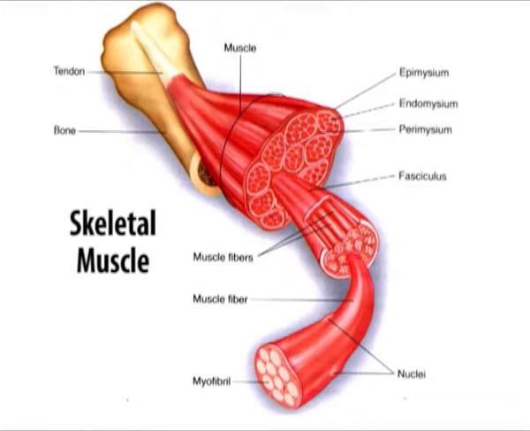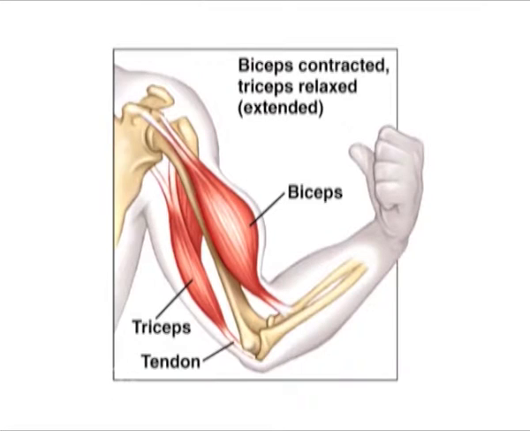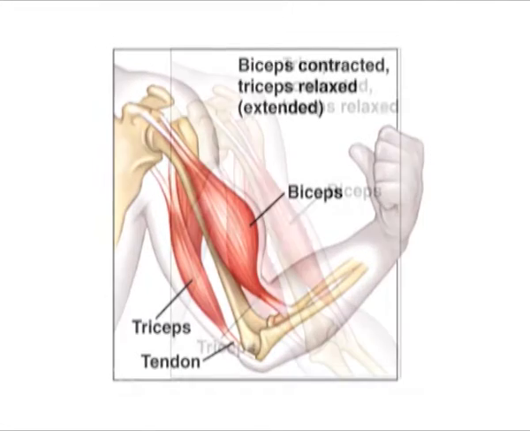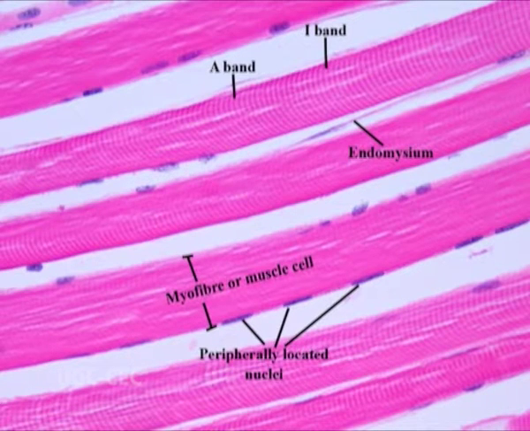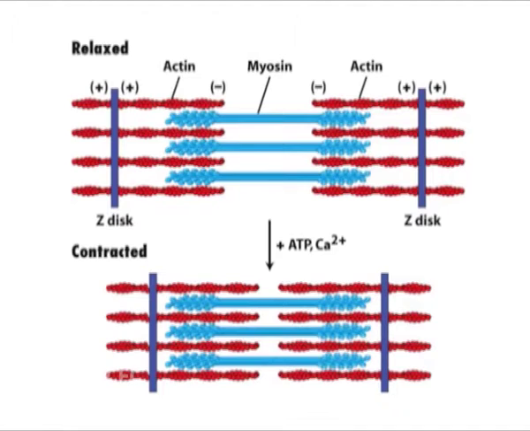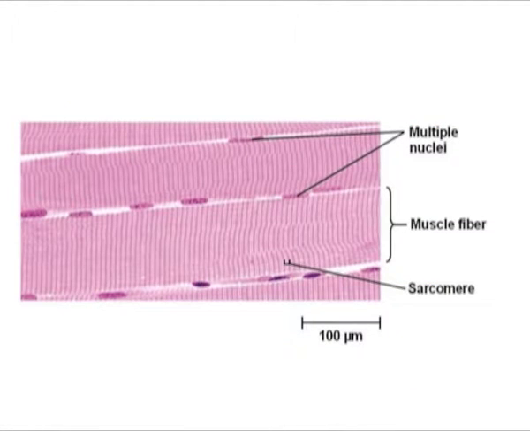Skeletal muscles are attached to the bones and have the main function of contracting to facilitate movements of our skeleton. They appear striated due to the presence of the proteins actin and myosin, because of which they are also known as striated muscles. These proteins form the sarcomere found within the myofibrils.